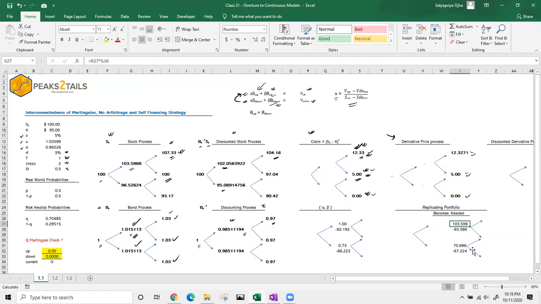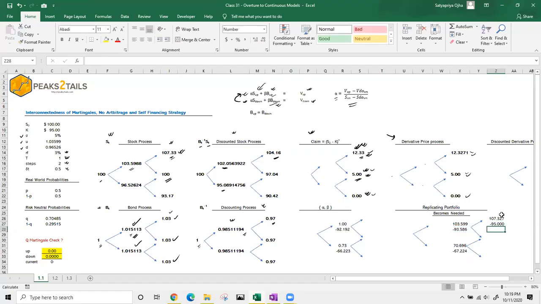So if this is my stock portfolio, in this state, what will it become? This is up, stock moving up. So this times up factor, this is up factor, and bond will become, bond grows at risk-free rate, right? So this times e to the power r delta t. This is what my bond will become.